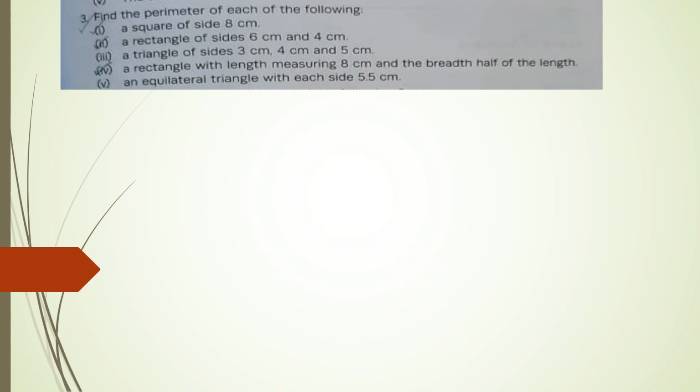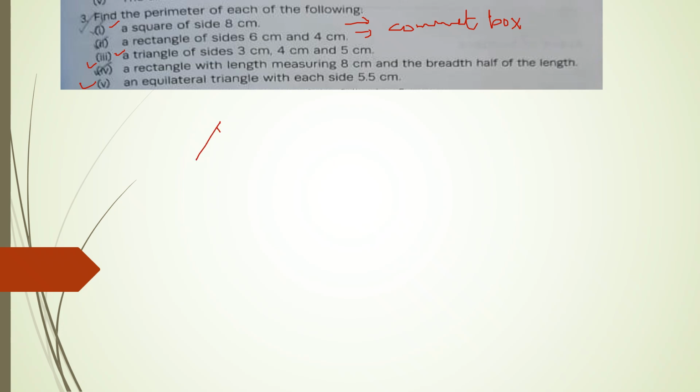I will be solving questions 3, 4, and 5. I believe parts 1 and 2 are simple, so I would request you guys to solve them and write the answer in the comment box. I will be solving question number 3.